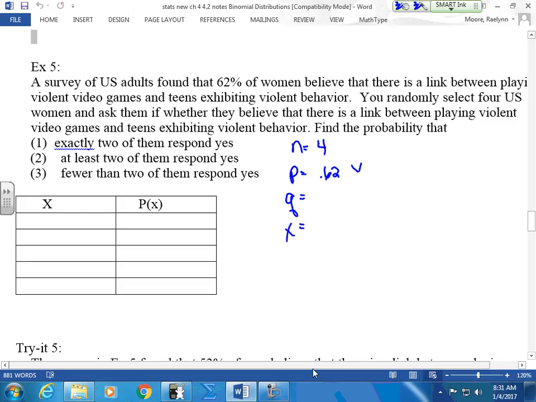This is going to say yes. And how many are going to say no? What percent? 1 minus this. So 38%. And the X, I only have to do this 4 times. 0, 1, 2, 3, 4. Because I get no yeses on this. 0 yeses. That's what my 0 means. So I'm going to fill up my table.